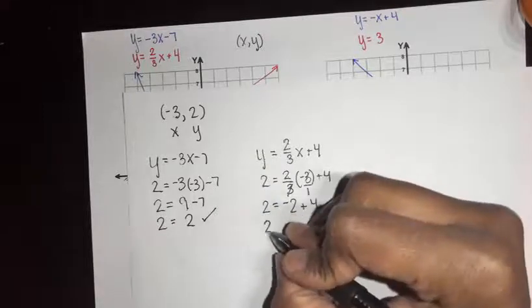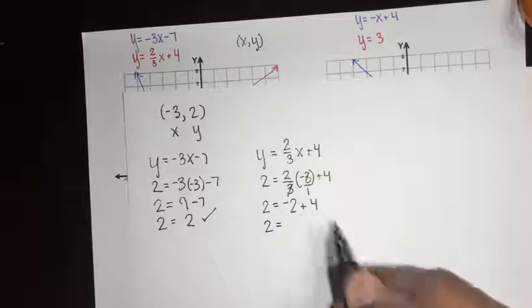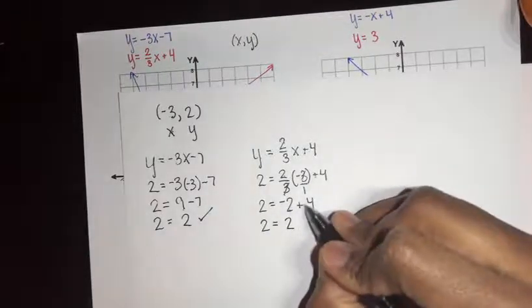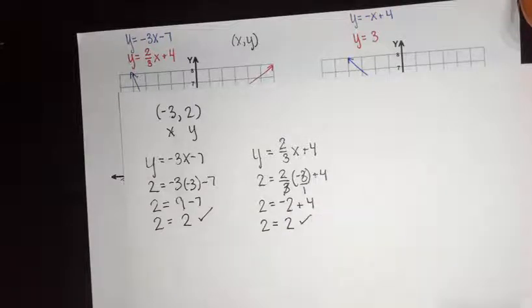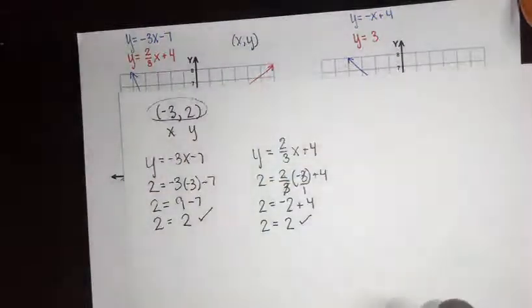So then I'm left with 2 is equal to, with negative 2 plus 4, I have different signs, so I'm going to subtract, and I'm going to get 2. Keep the sign of the larger number so it's positive, and I have 2 is equal to 2, which is true. And so I know that because both of these ended up with a statement that is true, 2 equals 2, then I know that my solution that I plugged in works.